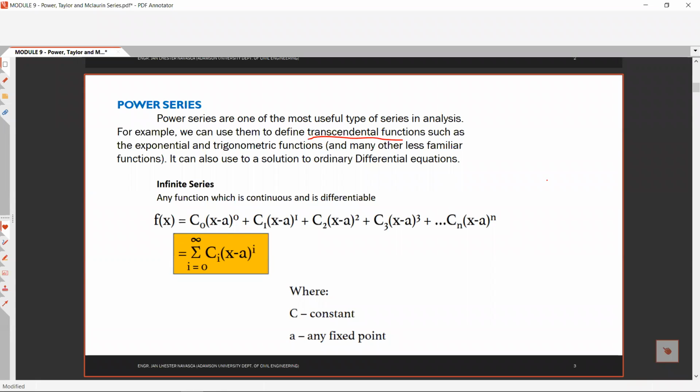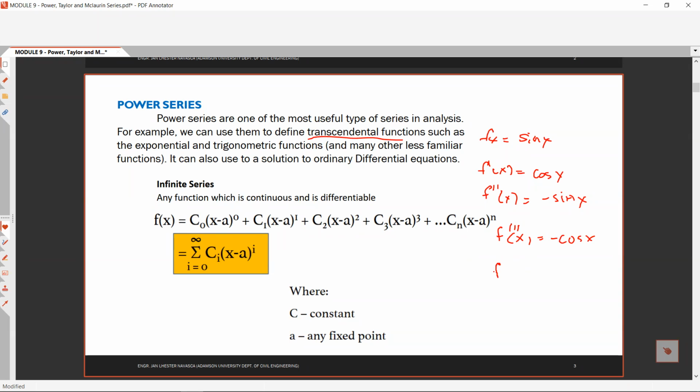So let's say for example we have sine x. Okay, so in order for us to determine if sine x is a continuous function and is differentiable, we take derivative of sine x. f prime of x is cosine x, f double prime of x is negative sine x, and the third derivative is negative cosine x.